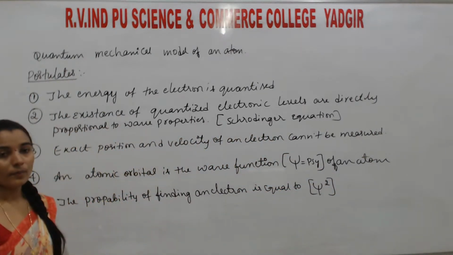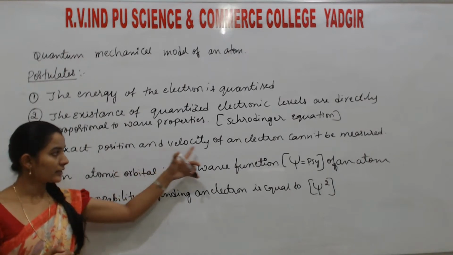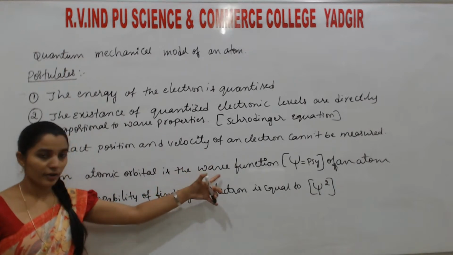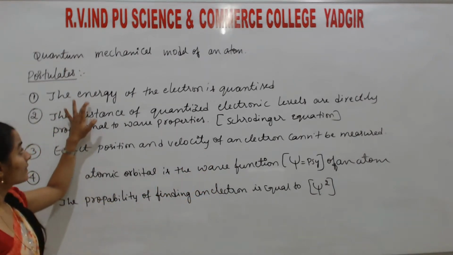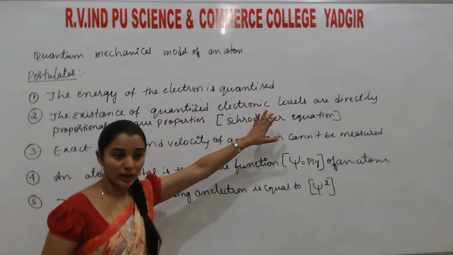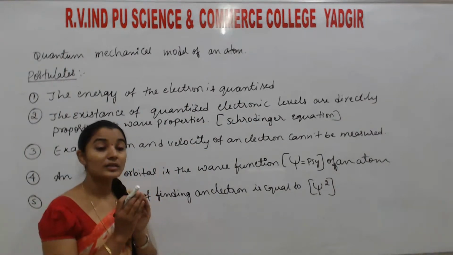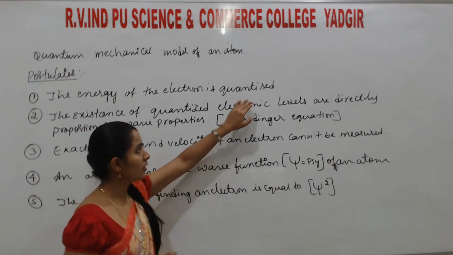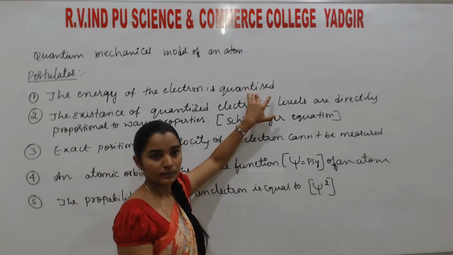These are the postulates. Here they cover both the uncertainty principle and the wave nature. Understood? The first one is that the energy of the electrons is quantized. Quantized means a packet of energy, they are reserved. That is called quantized. Quantized is explained by what? Particle nature.